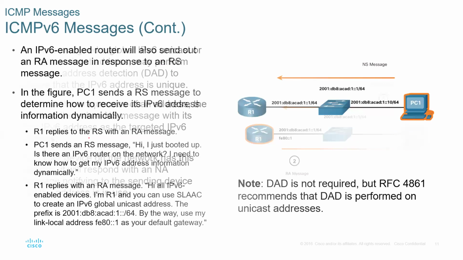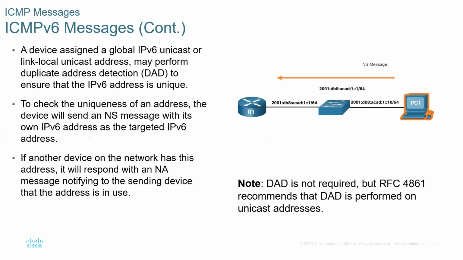Now, a device assigned a global IP version 6 unicast or link-local address may also perform duplicate address detection, which is DAD. That's when you have an IP conflict. To check the uniqueness of the address, the device will send a neighbor solicitation message with its own IP version 6 address as the target IP version 6 address.